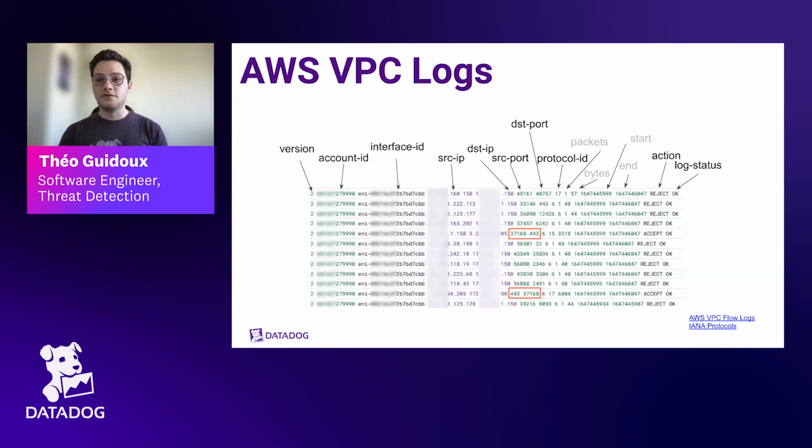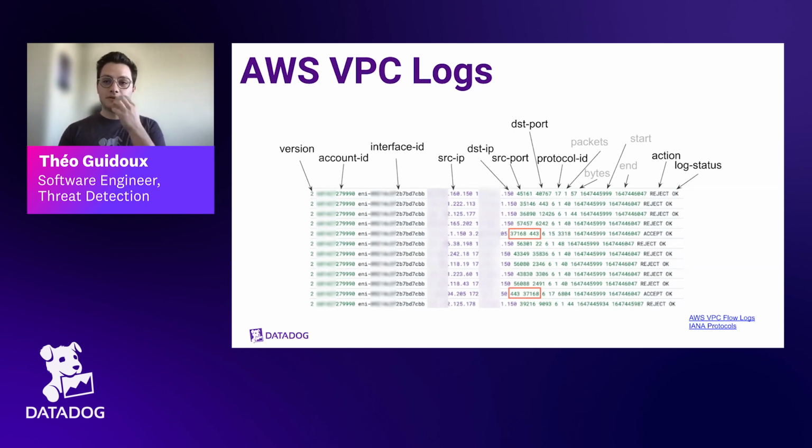Then we have information about IPs and ports of the resources involved in this request. Then the protocol ID, which is the Internet Protocol number, which describes the protocol: UDP, TCP, SNMP, SMTP, or more. These IDs are defined by IANA, the Internet Assigned Numbers Authority, which is a worldwide organization which defines some standards used by all IT systems.